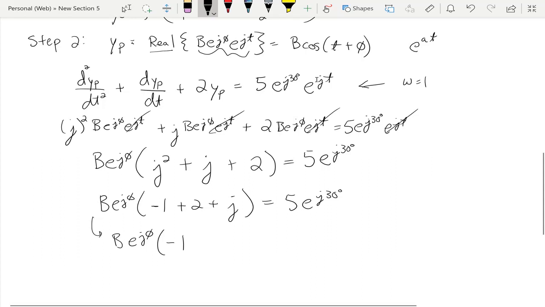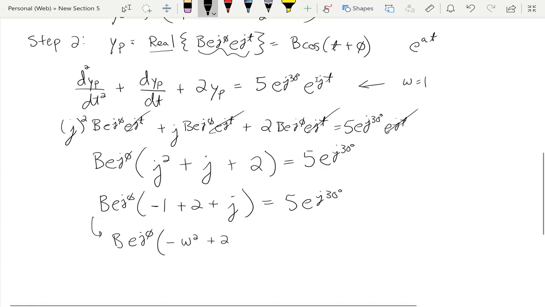If I did this in a general sense, it would be minus omega squared plus 2. Actually, I'm going to confuse you if I do that.